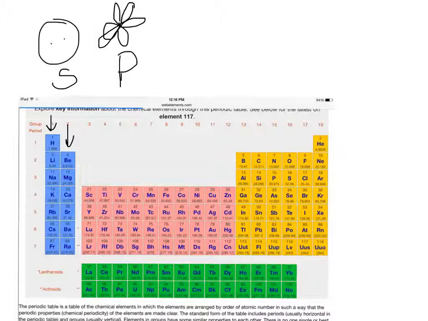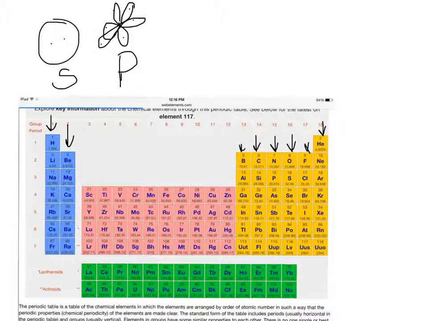Now, in each propeller shape, we can have 2 electrons. So 1, 2, 3, 4, 5, 6. P's can hold 6. You don't really have to memorize how many they'll hold because you can count across.